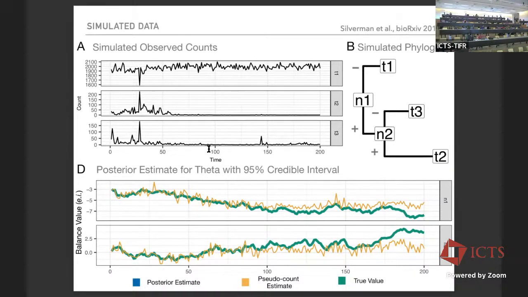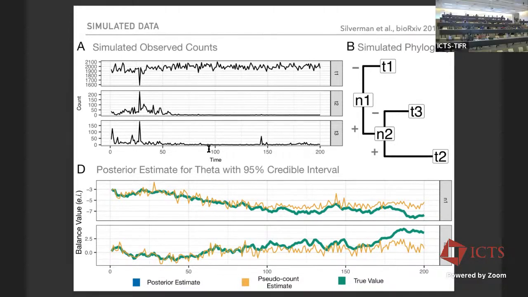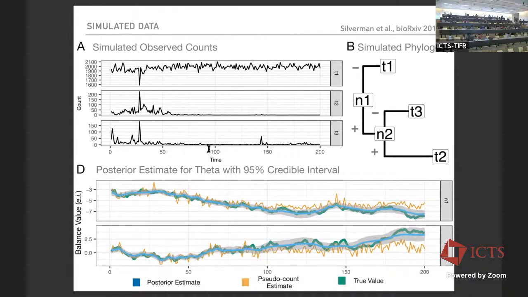Is it that I can't see a blue line? The blue line is exactly on top of the green line? That's exactly right. Okay, thanks.